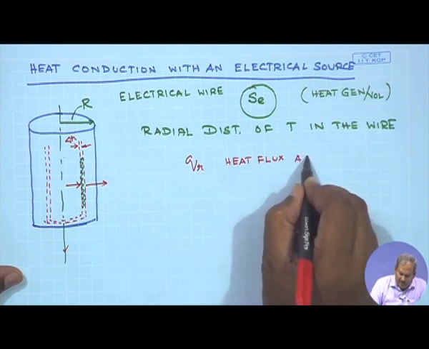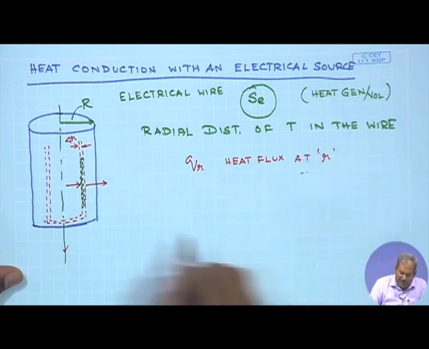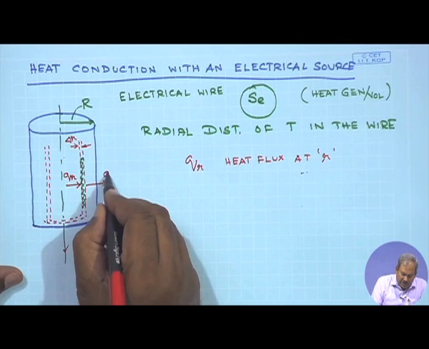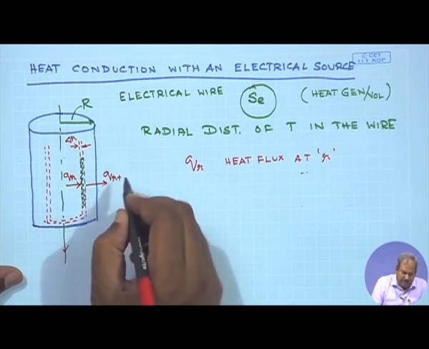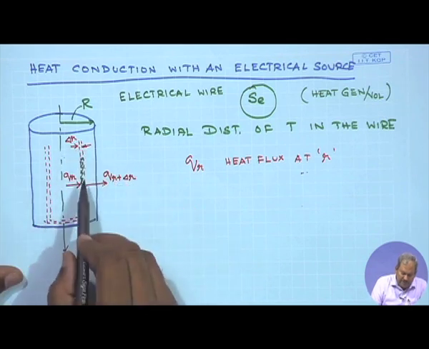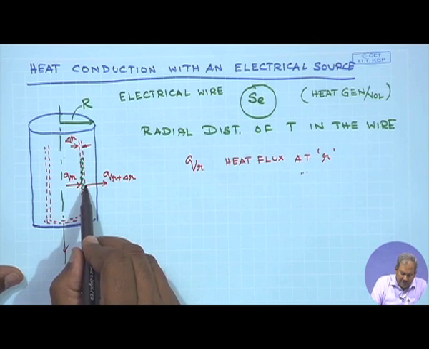So, if we think Q R is the heat flux at R, some value of R. So, this is Q R which is entering, and Q R at R plus delta R, since the thickness is delta R, is leaving this interface.